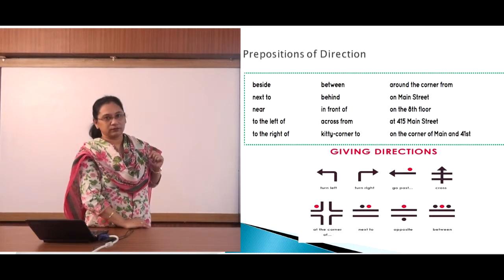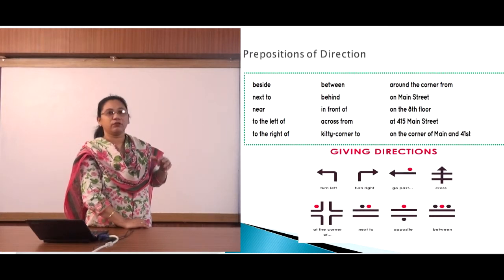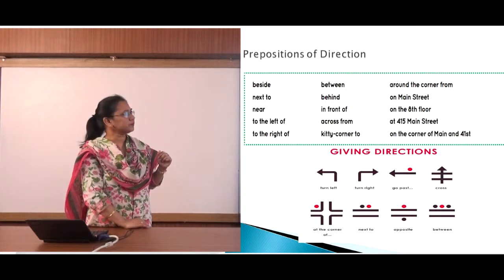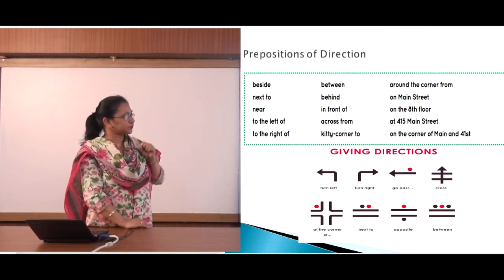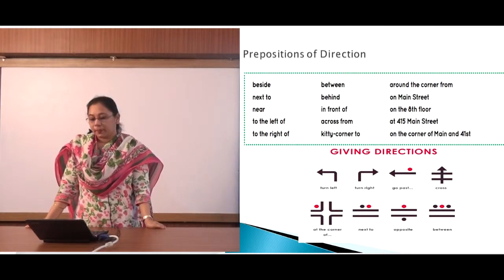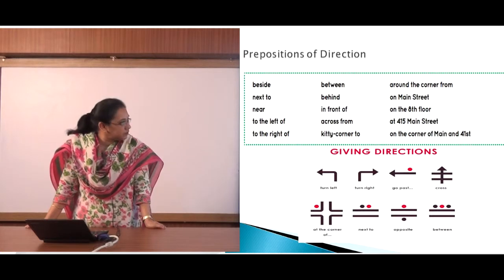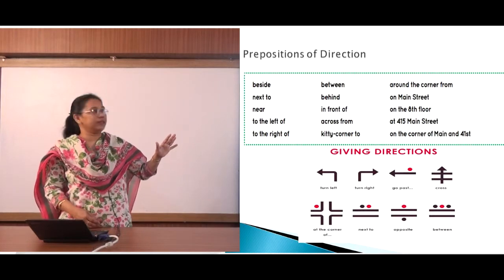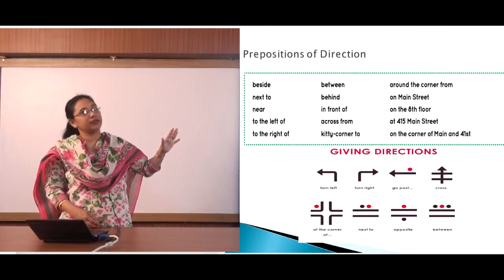You have around the corner from. You could say that the stationery shop is around the corner from the bus stand. On the main street, let's say that the shopping mall is on the main street. The office is on the 8th floor, or the college is situated at 415 Main Street, etc. Now I hope I've been able to give you a fairly good idea of how these prepositions can be used to indicate direction.